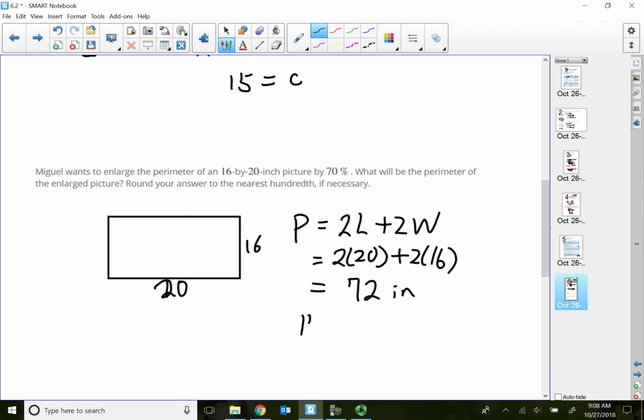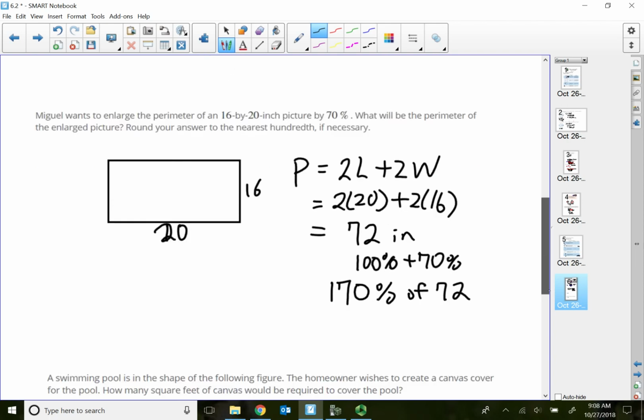Let me write it this way. I'm still going to have 100% of my original perimeter, plus I need an additional 70%. So what that means is this will actually end up being 170% of the original 72 inches.